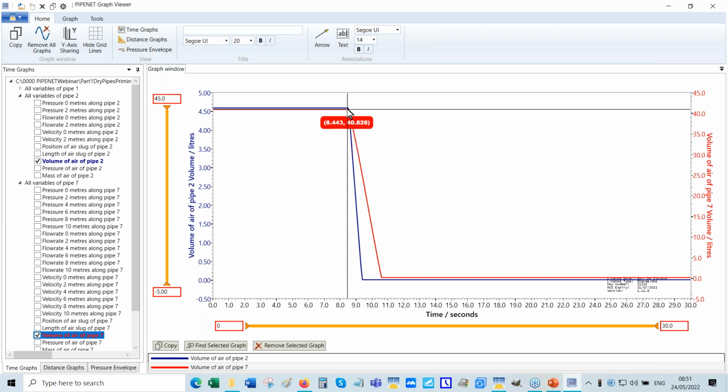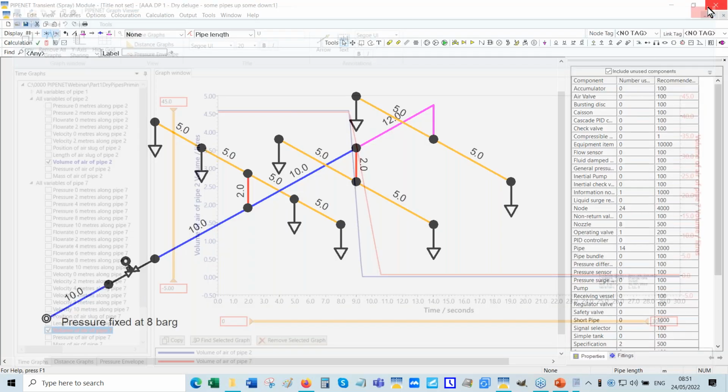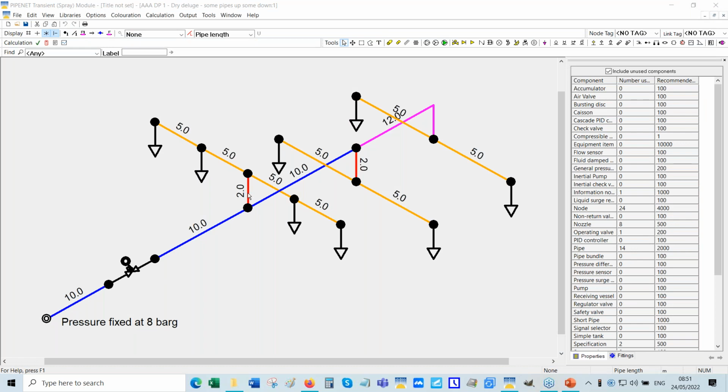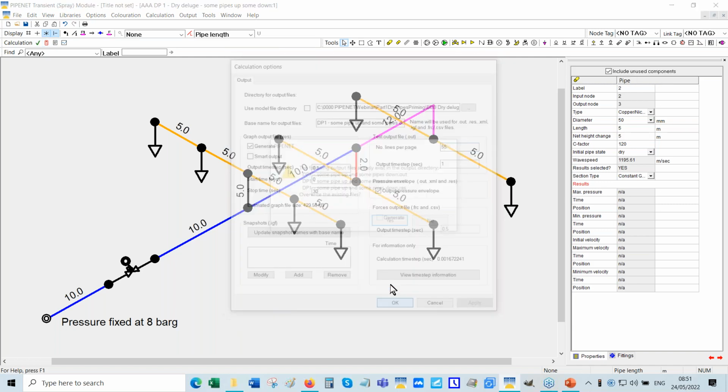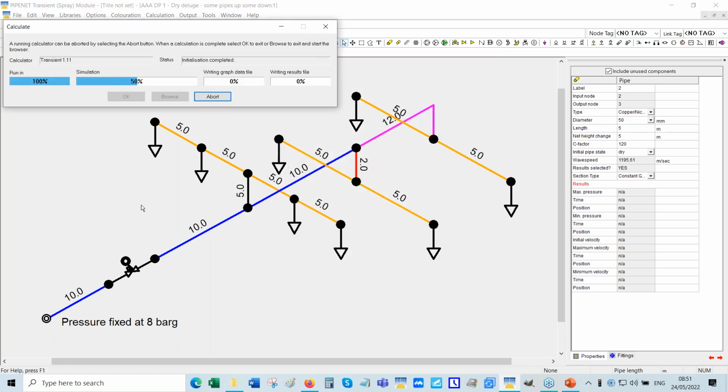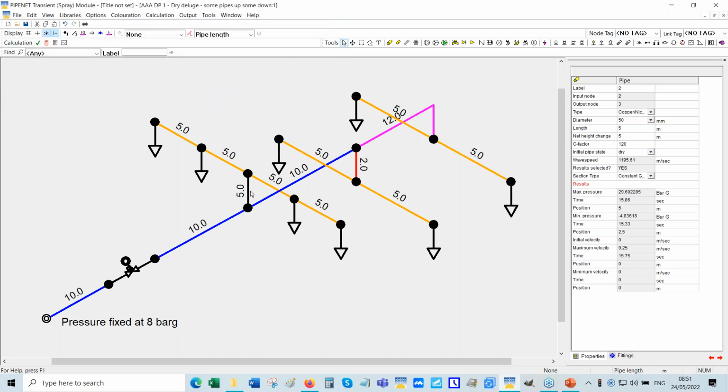Okay, so vertical pipes are bad news when it comes to discharge calculation. I'll make it slightly exaggerated. Take this pipe and say it's 5 meters long and it goes up 5 meters. So that's pipe 2 and that's pipe 7.